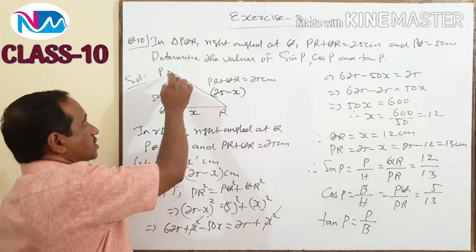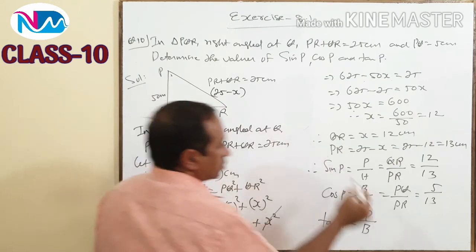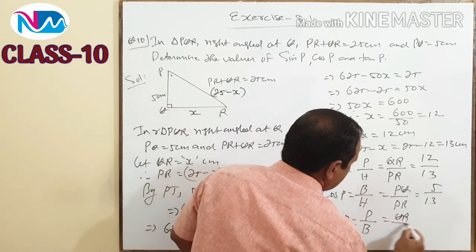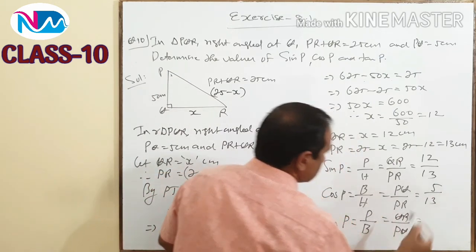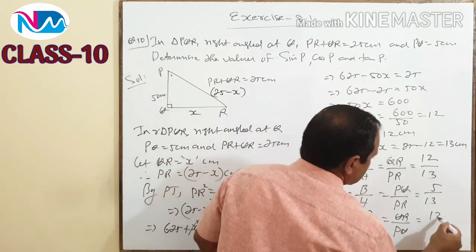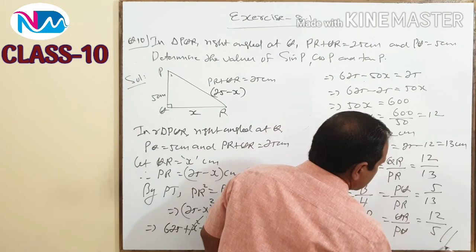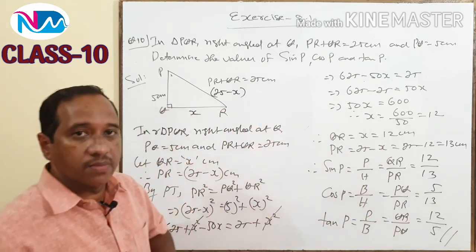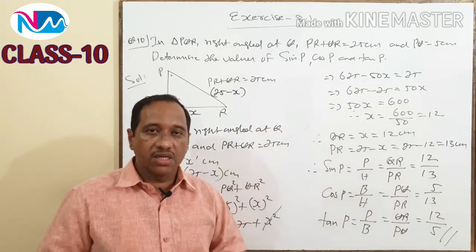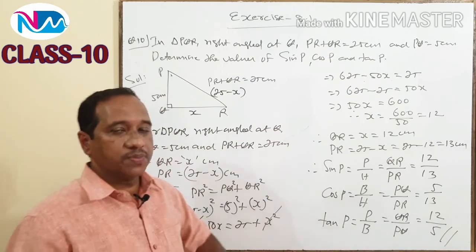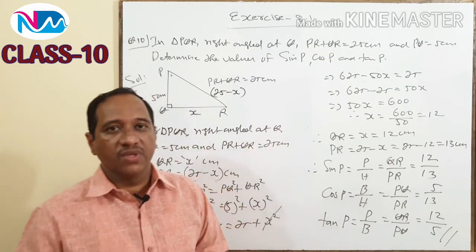Here, with respect to the position of angle P, perpendicular is QR and base is PQ. QR is 12 by PQ is 5. So 12 by 5. So hereby we are getting the three required ratios, sin P, cos P and tan P.